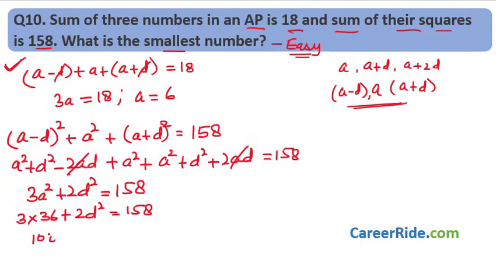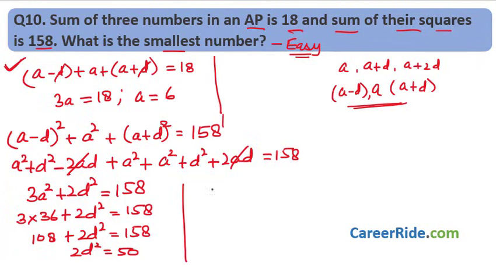So 108 plus 2d square is equal to 158. 2d square is what? 2d square is 50. Right? And from here the value of d for me becomes what? Plus minus 5. Right? Can you understand it here till here?